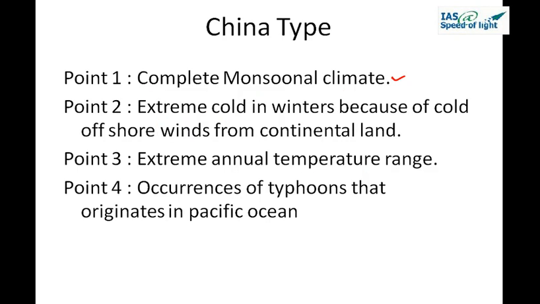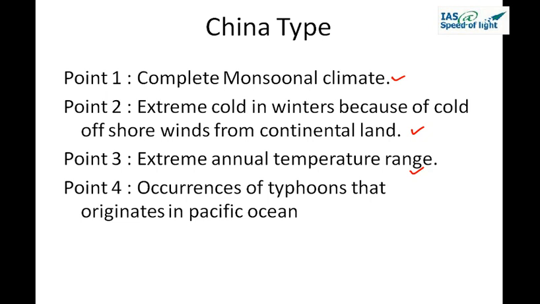Extreme annual temperature range. Obviously it is going to have an extreme annual temperature range because of the extreme cold winds they are getting from the interior of the continents.